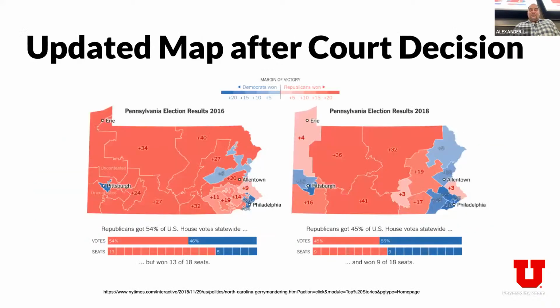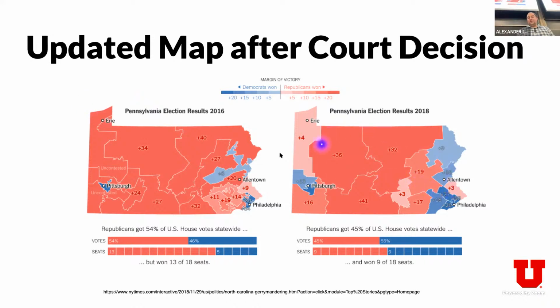And then in Pennsylvania, they actually changed the map. A court decided to change the map for 2018. This was the map for the 2016 election, which obviously you can see is not compact at all. It has these weird chips in it. And then the court mandated that Pennsylvania change their map to a nonpartisan version of it.